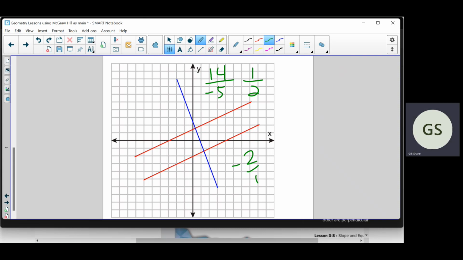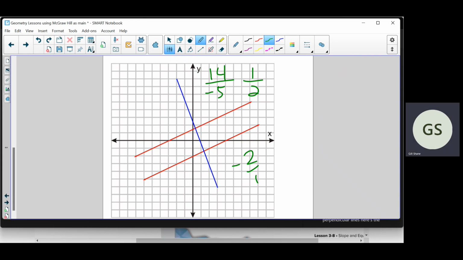So if you don't understand that, don't worry too much. I'm going to give you a shortcut. Well, 14 over negative 5 is not negative 2 over 1. So these lines are not perpendicular. It would have had to have been positive 10 over negative 5, and it's not. So they're not perpendicular lines.